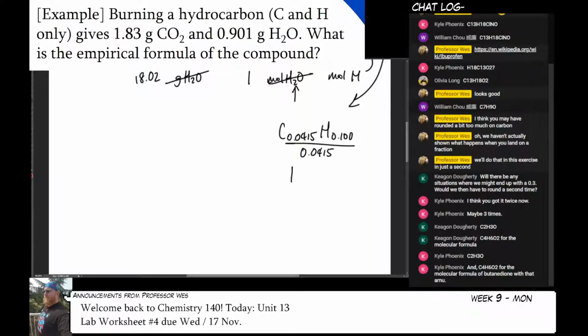You're going to notice that I'm going to get a fraction here, and that's okay. I multiply those by 5 to get rid of this 0.4. And there you go. That's how you do combustion analysis.